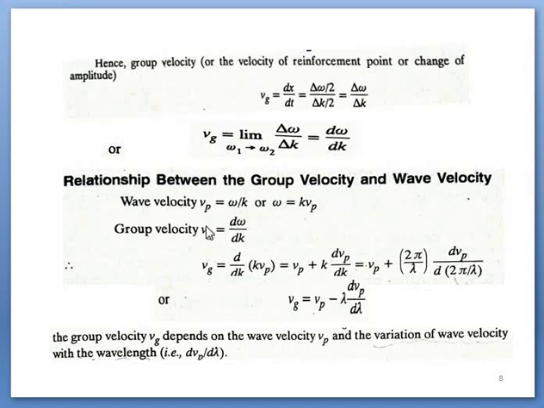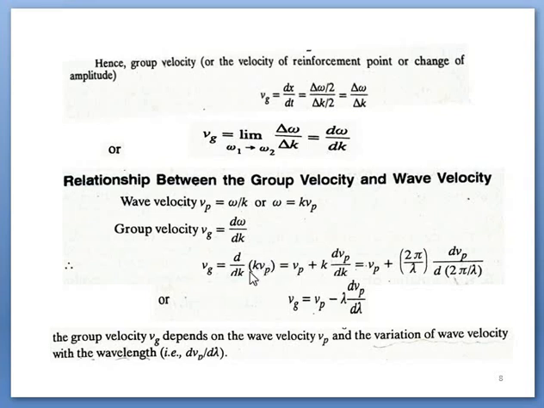As we have already seen, Vp equals omega by k, or in terms of omega, omega equals k Vp. And Vg we obtained equal to d omega upon dk. By substituting the values, we have d upon dk of k Vp.